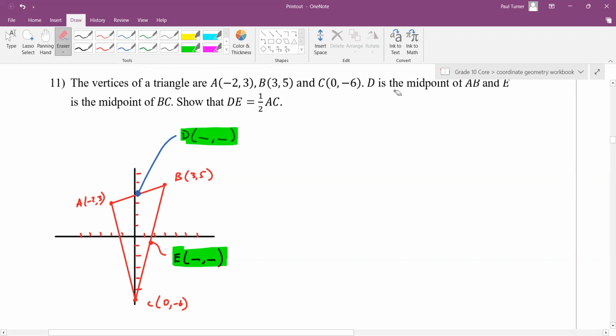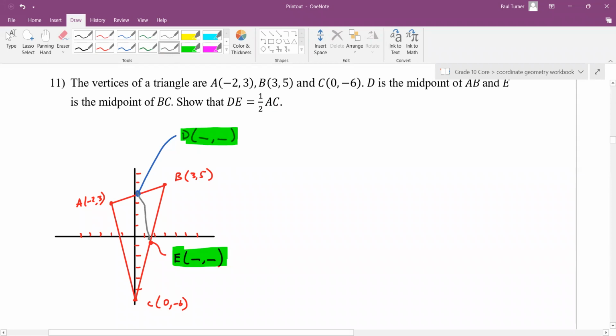Now find those 2 points. Show that DE, that means the length of DE, is half times the length of AC. So AC is twice as long as DE. I'll draw a line there somewhere in another color.